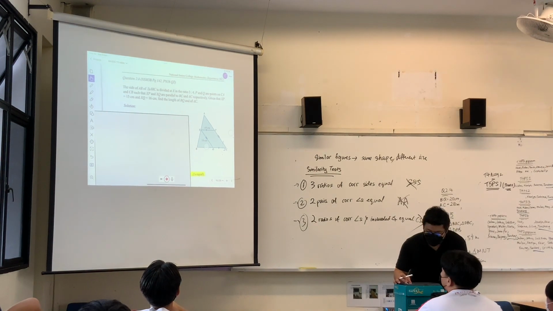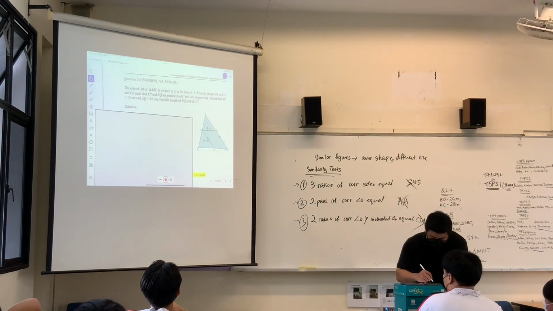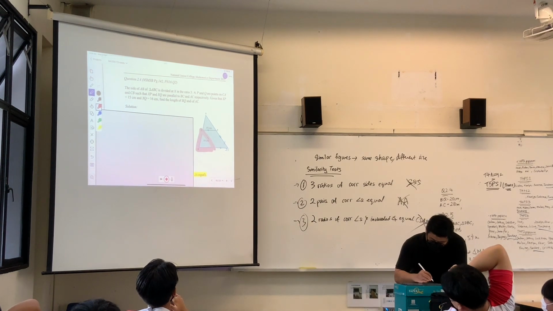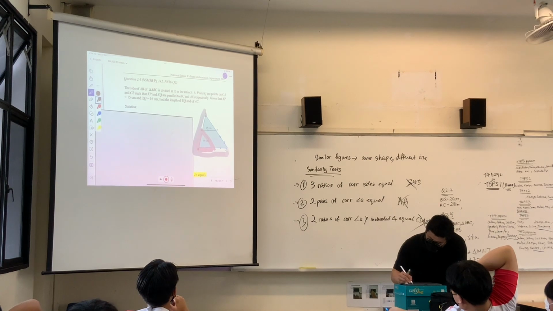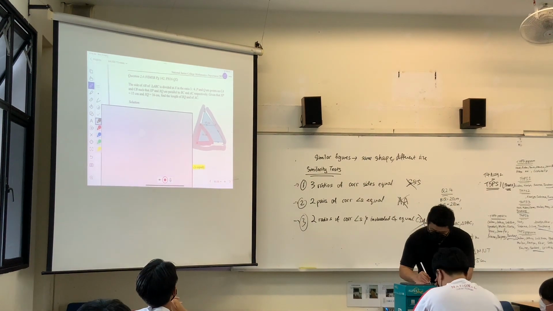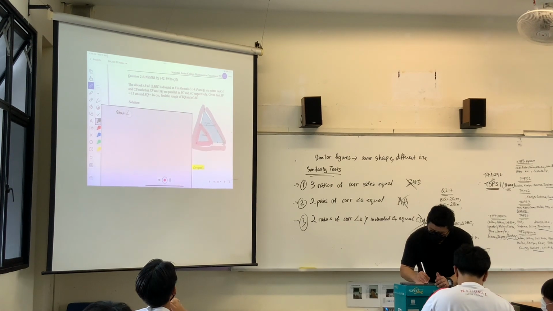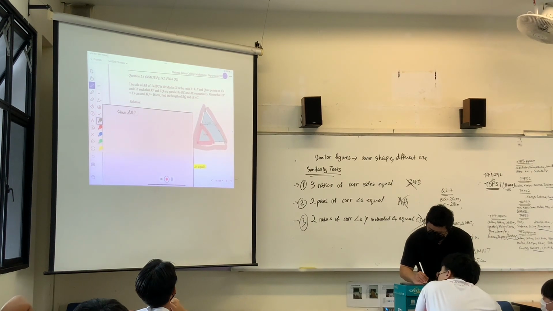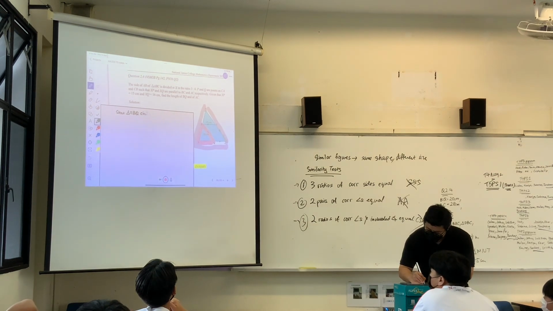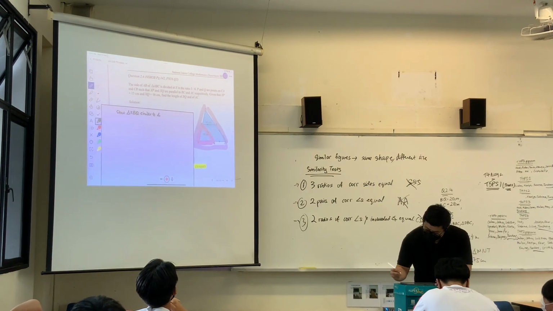Here I look at this triangle and this triangle. The generic strategy is to try to show that triangle XBQ is similar to triangle ABC.